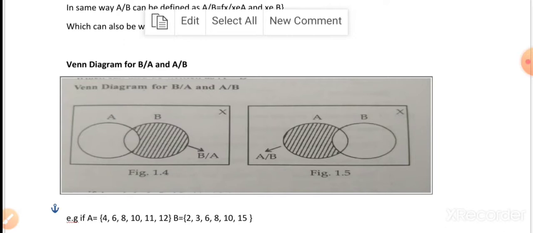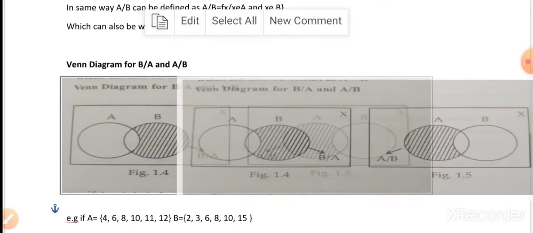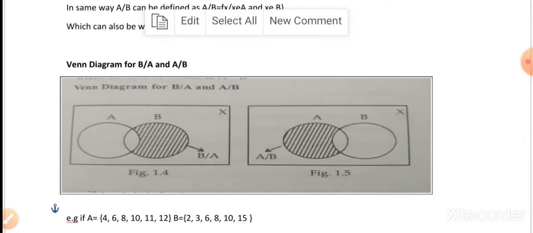Here B is the shaded region, meaning B minus A is the elements left from these sets. Also, A by B means A minus B, just like the intersection of A with the complement of B.